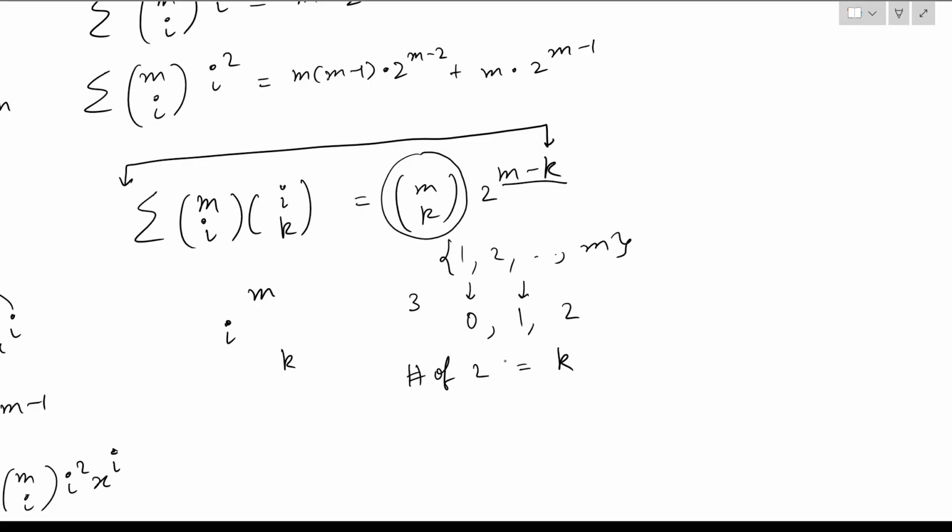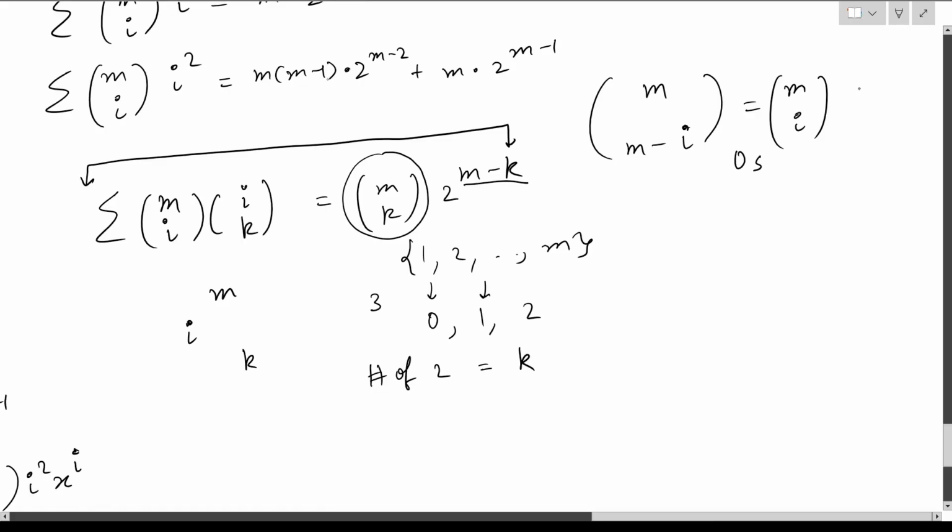The other way I could do this is by first deciding the set of zeros. Let's say that there are m minus I zeros. So that takes m choose m minus I, which is just m choose I again. So this is the number of ways to select the zeros. And now I have the ones and twos, and I want to select exactly k twos. And so I choose k ways to select the twos, which will then also select the ones.